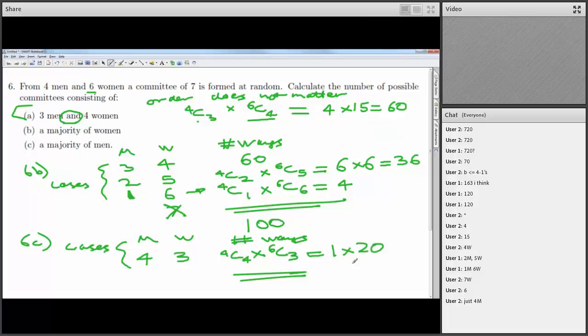Your calculator can tell you. So in total, we only have 20 different ways of picking a male majority. So 100 ways of picking a female majority, 20 ways of picking a male majority, which is not surprising, probably because you've got more women than men in the first place. So that makes sense.